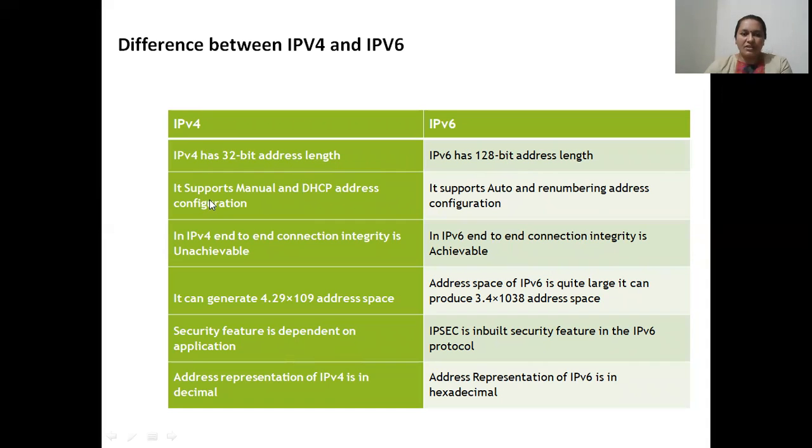In IPv4, manual and DHCP address configuration is supported. DHCP stands for Dynamic Host Configuration Protocol. This protocol has a job of assigning addresses to clients and answering the broadcast queries of the clients. So addressing the clients will be done manually or through DHCP in case of IPv4.